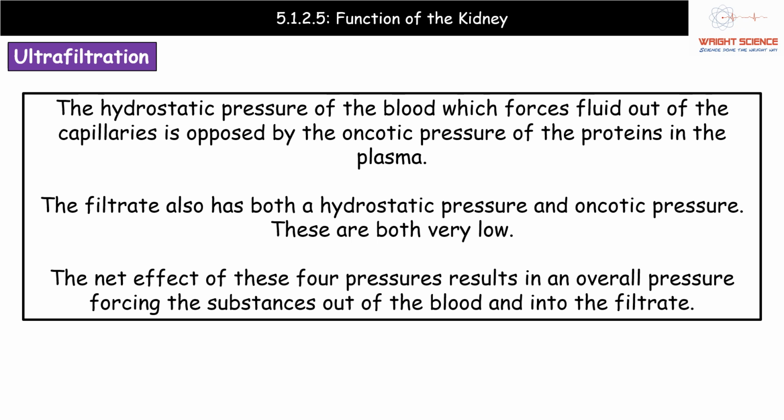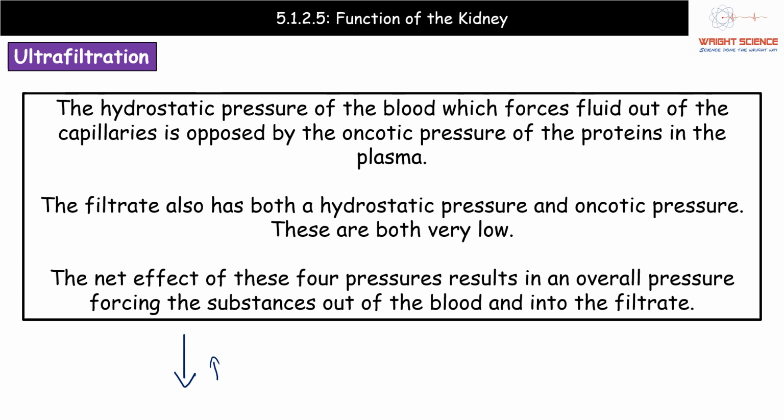The filtrate itself in our Bowman's capsule has hydrostatic pressure and oncotic pressure of its own, but both are low in that case. So what we're really doing here is when we look at all four of those pressures, we've obviously got quite a high hydrostatic pressure coming from the capillaries towards the Bowman's capsule. We've got a smaller oncotic pressure going in the opposite direction.